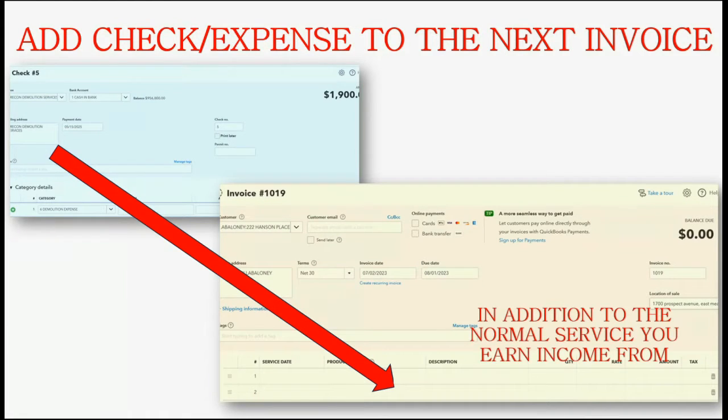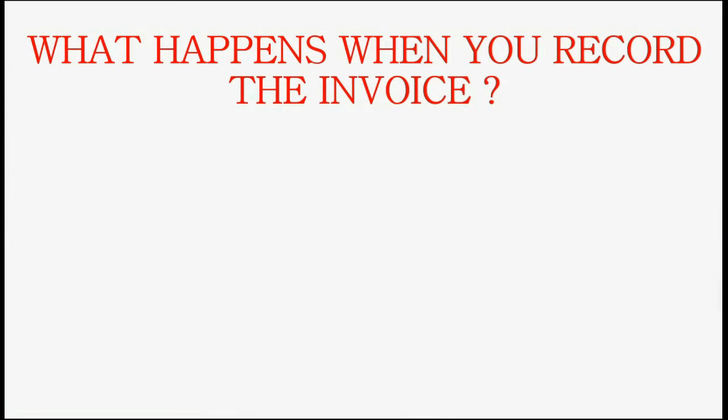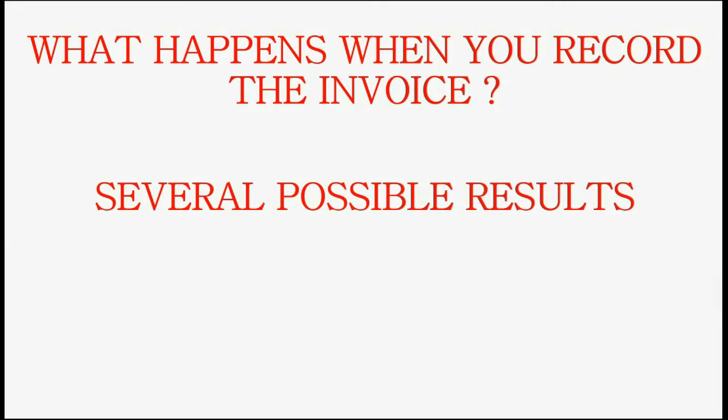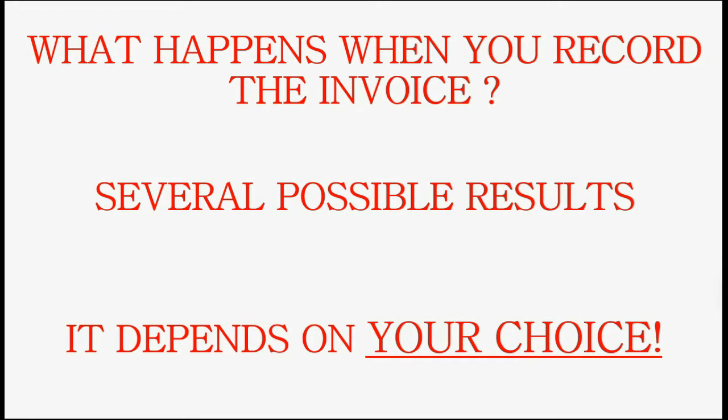And that will increase the balance of the invoice for the item that you paid for. So what happens when you record the invoice? Well, there are several possible results that could happen in your records when you record an invoice that you placed a billable expense upon. So that depends on you and your choice.